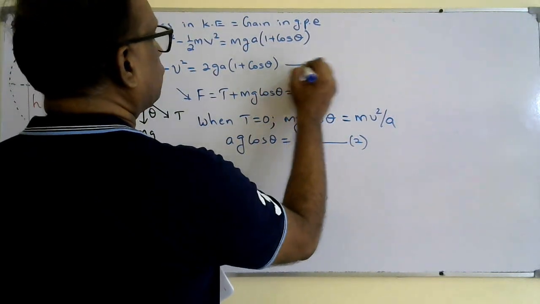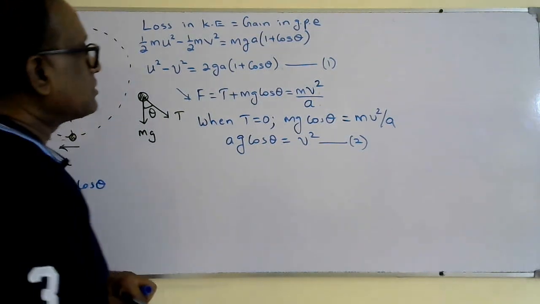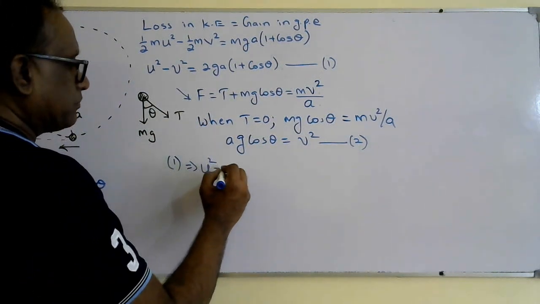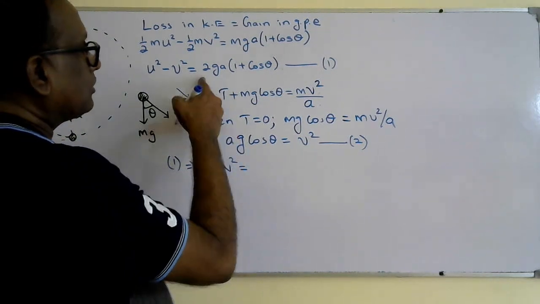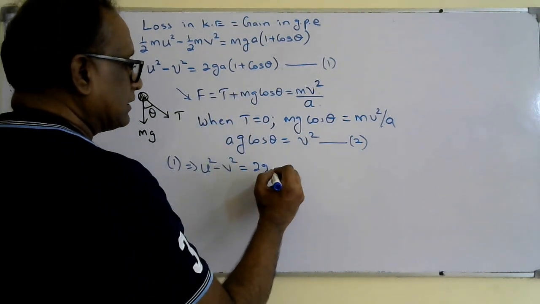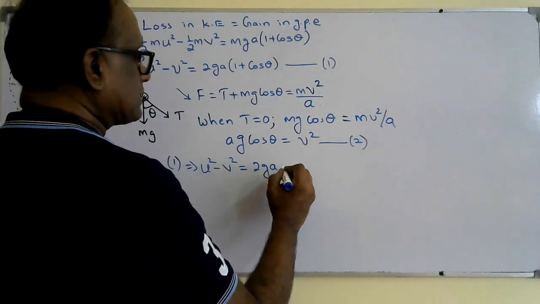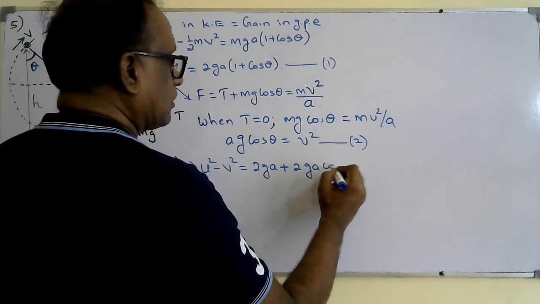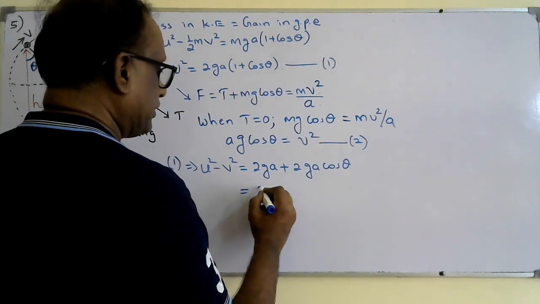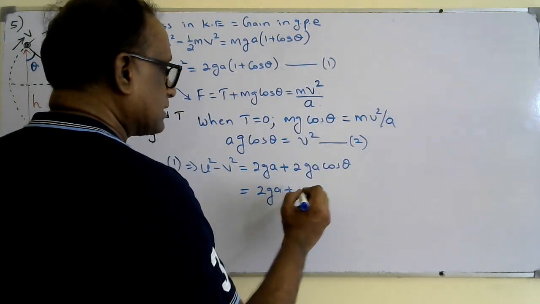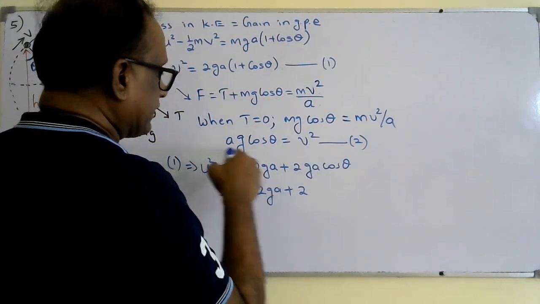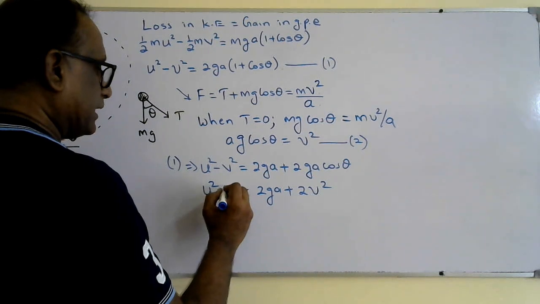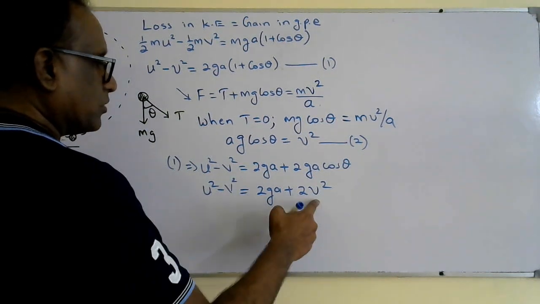This one is equation 1. From equation 1, u squared minus v squared is equal to 2ga plus 2ga cos theta. Since ga cos theta equals v squared, we solve it and bring it to the right.